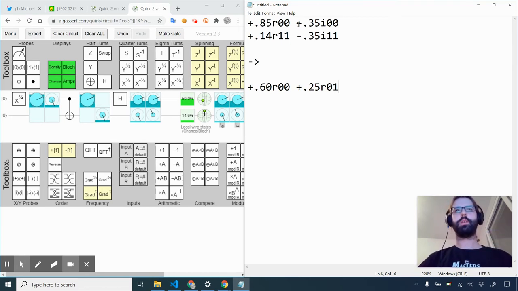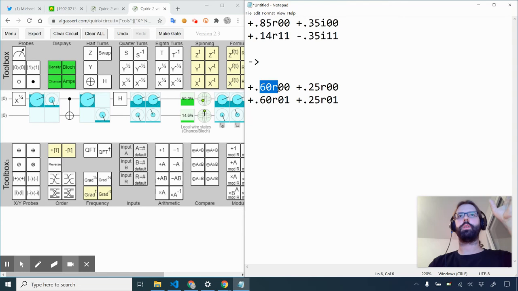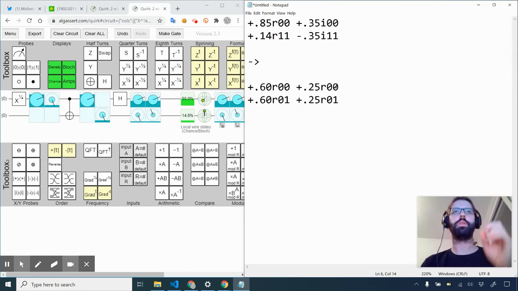Yeah, no. Okay, sorry. It's doing these. So it's creating these states: 0.85, 0.35 becomes 0.60, 0.25, but then it creates these. So this is new information. I don't know if it's correct to say this is new information.